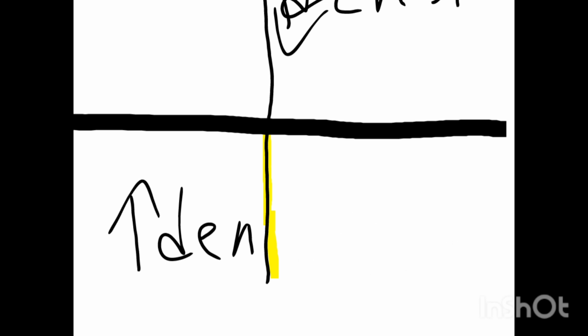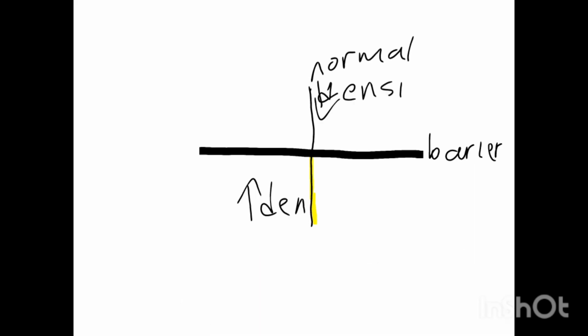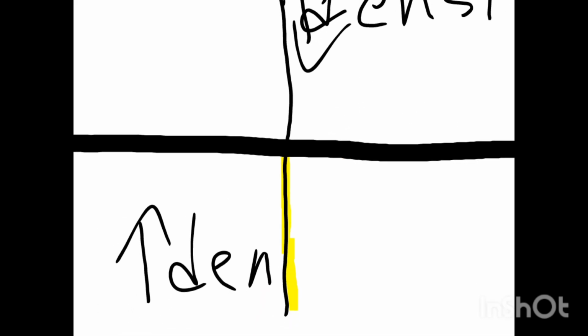So this is how a ray of light will move. Suppose the ray of light is traveling like that.